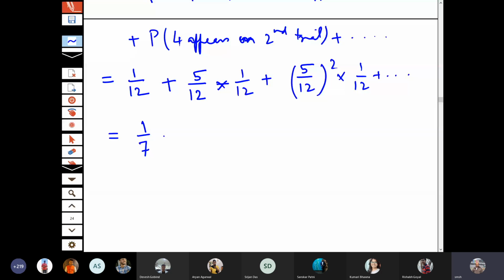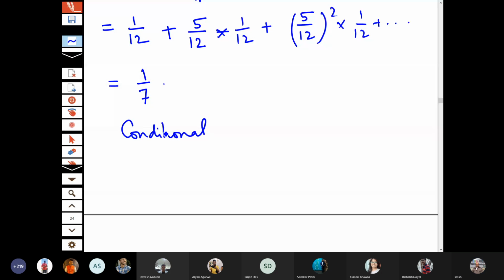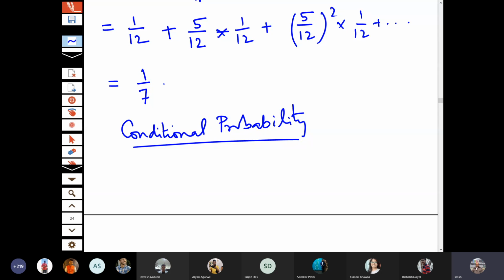Okay, I will move from the simple things now to another concept called conditional probability. What is the meaning of conditional probability?